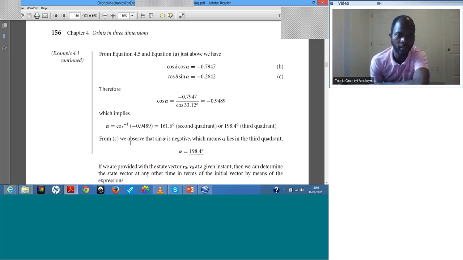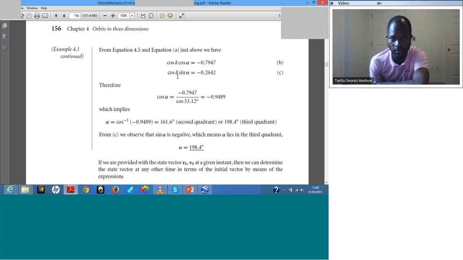Read the textbook more. I'm running out of time, I can't make enough explanation of that, which implies the right ascension is in the second quadrant or the third quadrant. Yeah, that is what I was trying to drive at.